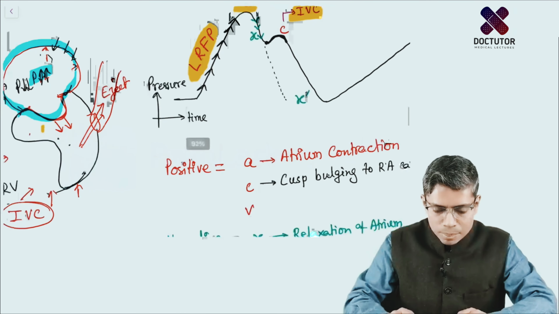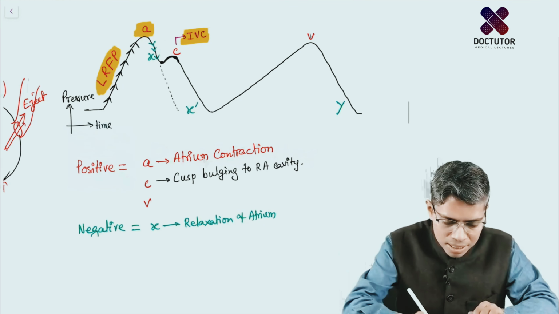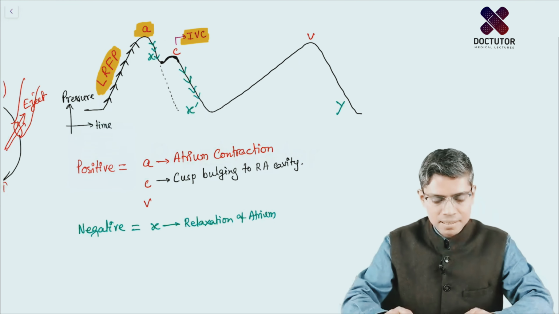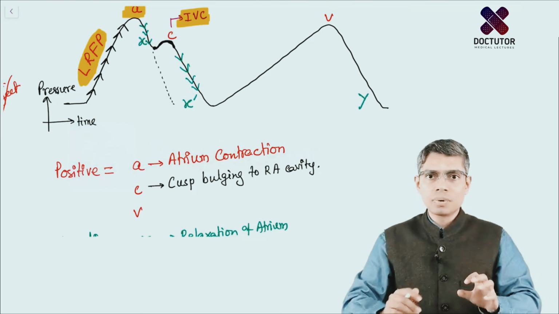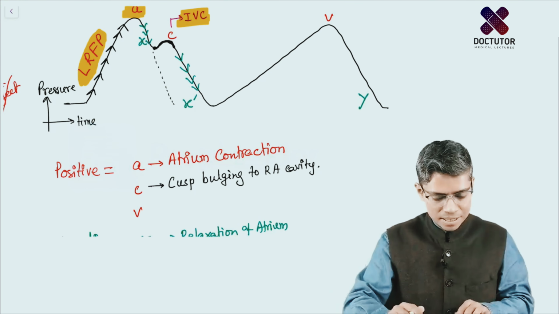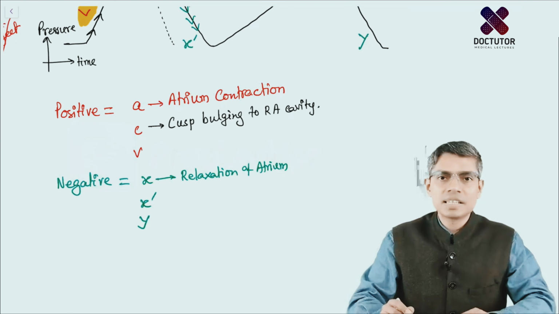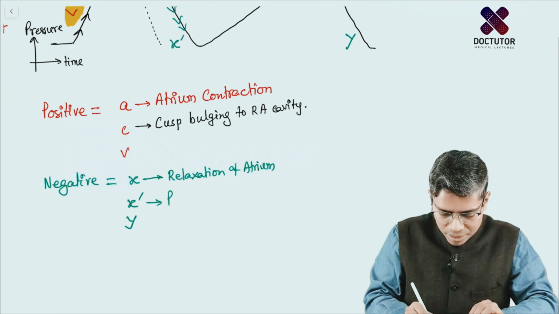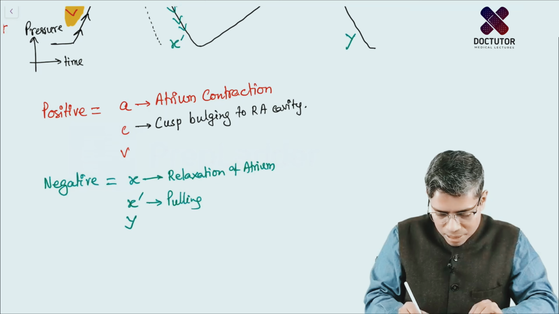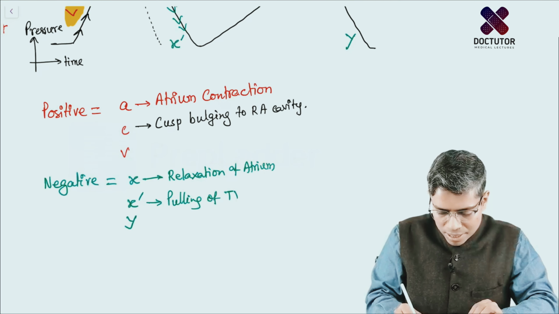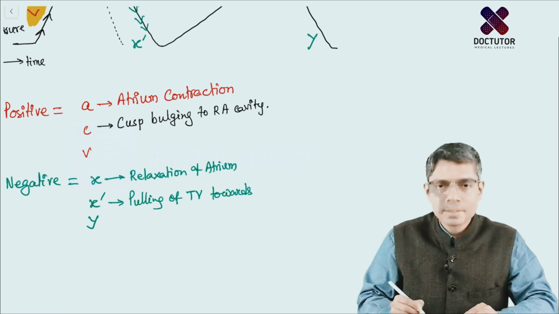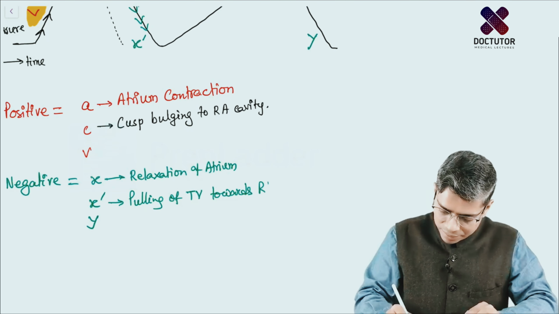That decrease in pressure is denoted here by this X descent. So this X descent is due to enlargement of the right atrium cavity. And why is the enlargement of the right atrium cavity happening? Due to pulling of the tricuspid valves towards the right ventricle.